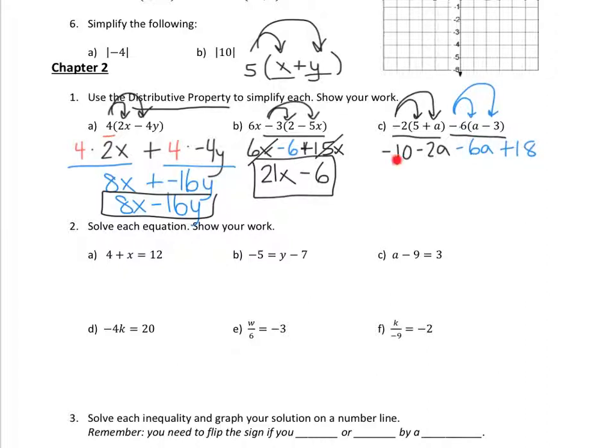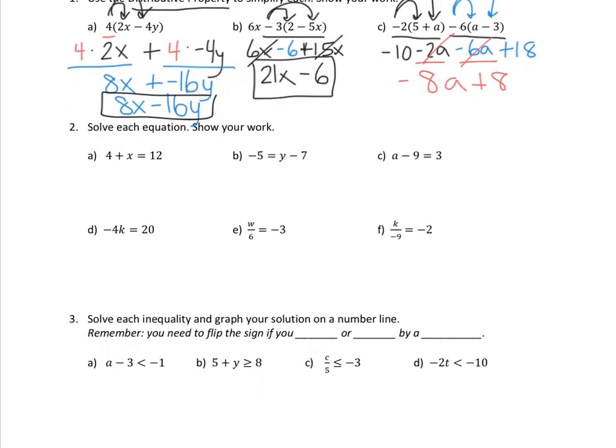Now I have 4 terms. So I'm going to combine the terms that have the same variables. These two are both a's. So negative 2a and negative 6a is negative 8a. And negative 10 plus 18 is 8. I can't combine these anymore because they're not the same terms.